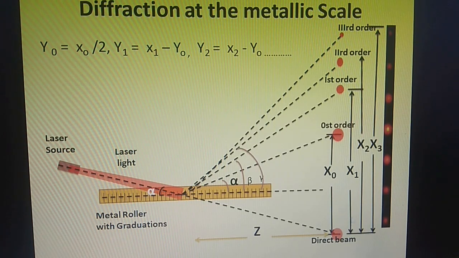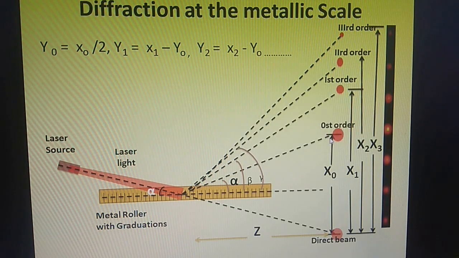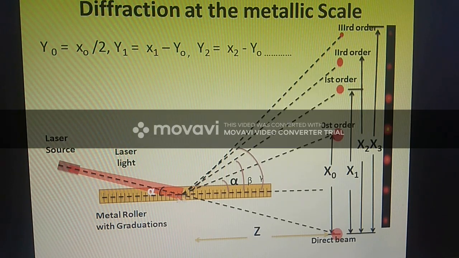There is a board, and when light is incident on the roller, the light gets diffracted and falls on a particular board. Initially this is the direct beam, you mark it. On that board a paper is stuck, and on that paper we get all this, the light falling like this. The actual diagram is given here. Here x0 is the distance between the direct beam and the zeroth order diffraction. But for x0, the angle is alpha, and for the direct beam it is also alpha here.